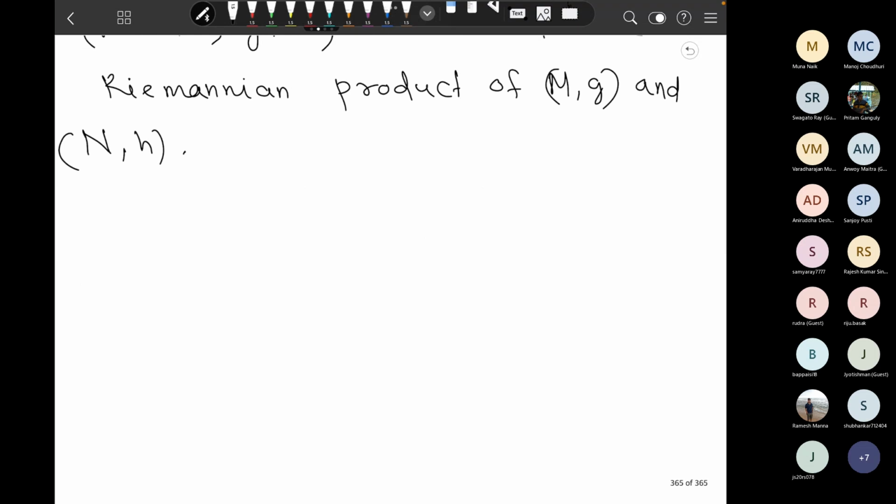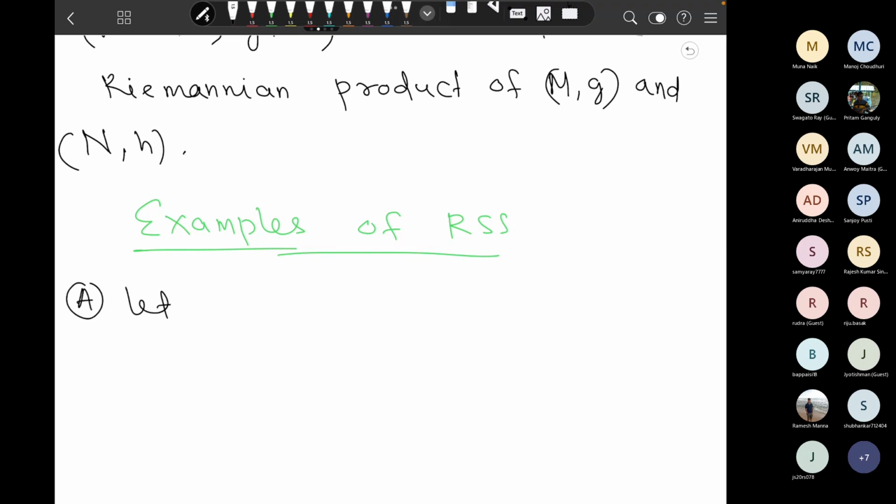Okay. Now I will come back to our examples of symmetric spaces. So first thing, let M and N be two Riemannian symmetric spaces. I am not writing the metric.